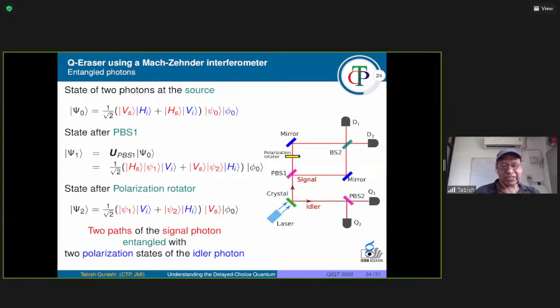Now there is a polarization rotator. So now you know that in these two paths, polarization is now orthogonal to each other. But here we have a polarization rotator. What it does is that in this path, it will rotate the polarization in such a way that it will become exactly equal to the polarization in this path.